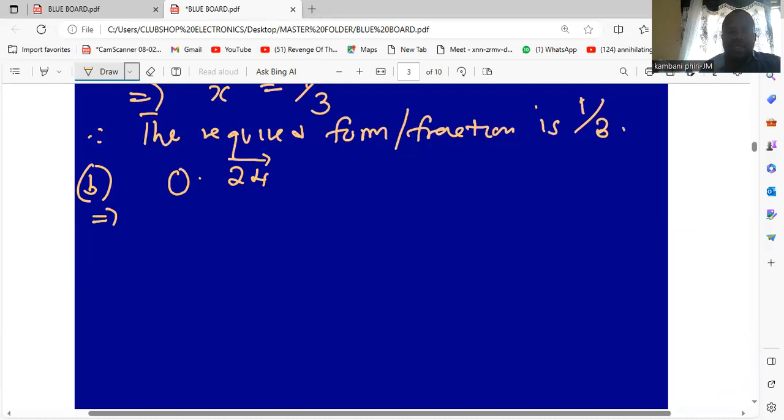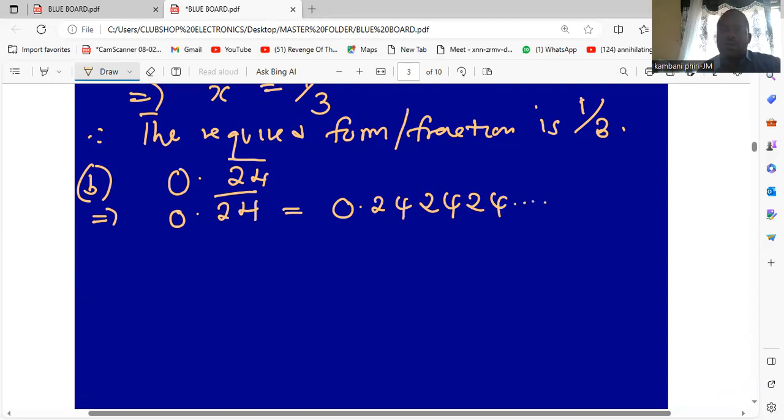So this implies that this is 0. Please, this is not an arrow, just a bar there. This 0.24 with a bar is the same as 0.24, 24, 24, so on and so forth.